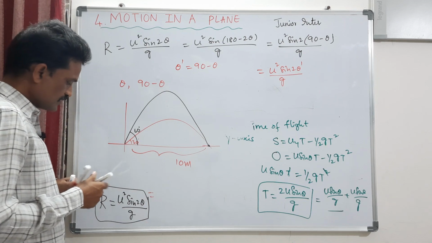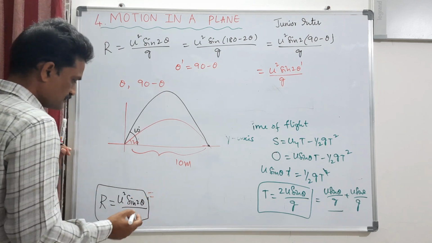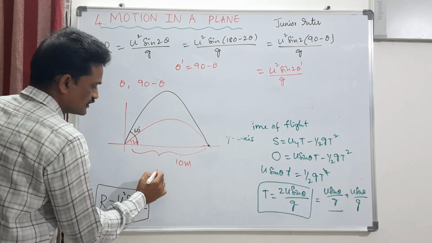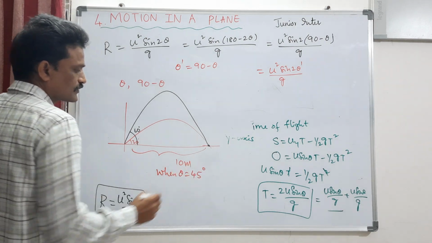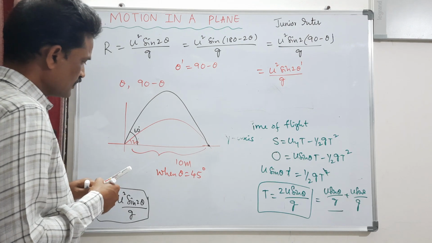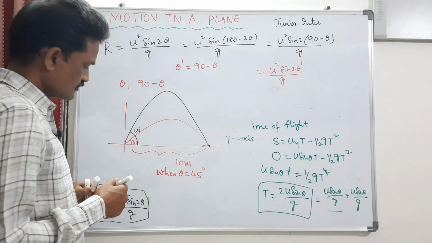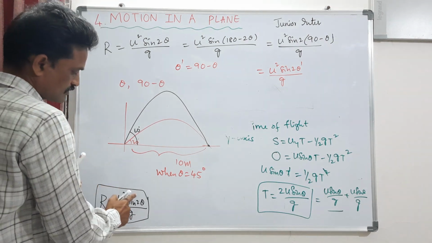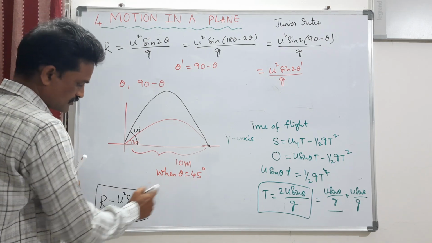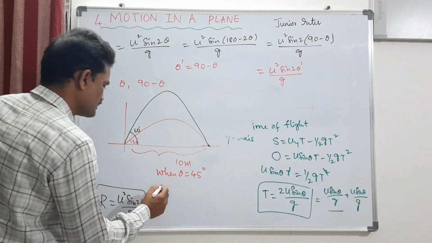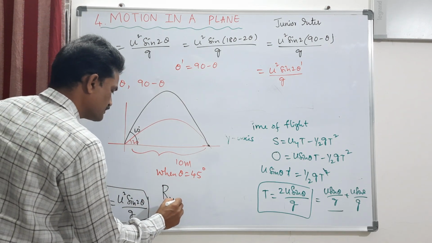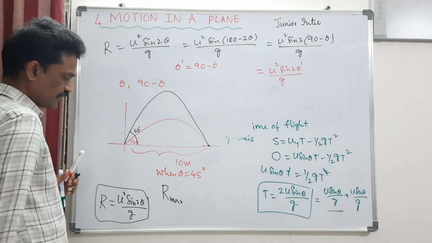Another aspect of range is maximum when theta is equal to 45 degrees. Because sine can have maximum value 1. So when you put theta is equal to 45, you will get sine 90. Sine 90 is 1. So in this case, the range will be maximum for given u value.